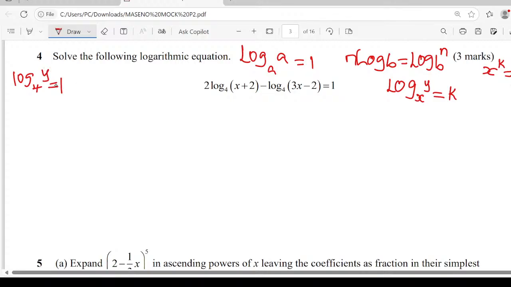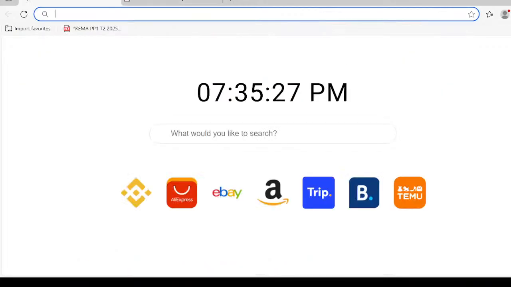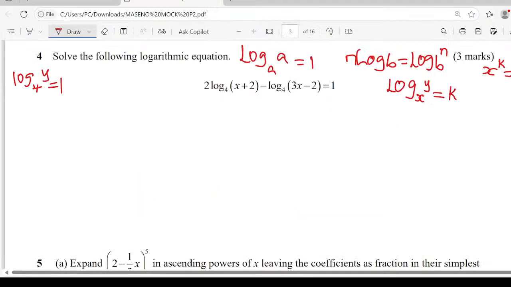Then this value on the right hand side will become the power. Then the log will disappear. This means I'll have 4, 1 will go to the position of y, so that will become 4 power 1 being equal to y, and the log will disappear. So the value of y at the top there should be 4 raised to power 1, which is 4.